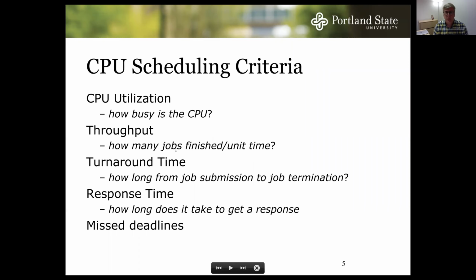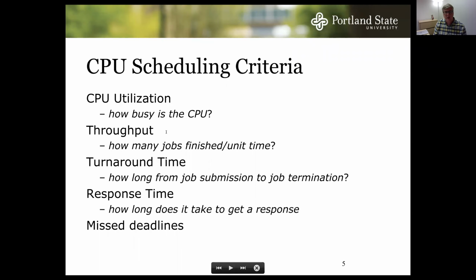So we also talked about objectives. One of the main objectives for process scheduling is to have good performance. There are various criteria that we can use for evaluating whether a process scheduling algorithm has met our objectives. One is CPU utilization. That is, how busy does the algorithm keep the CPU?